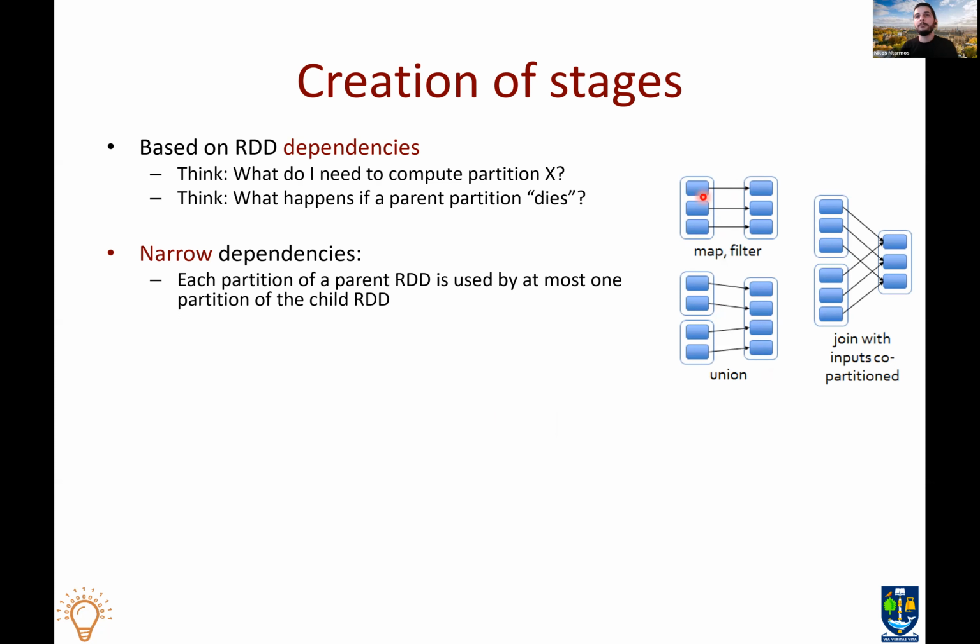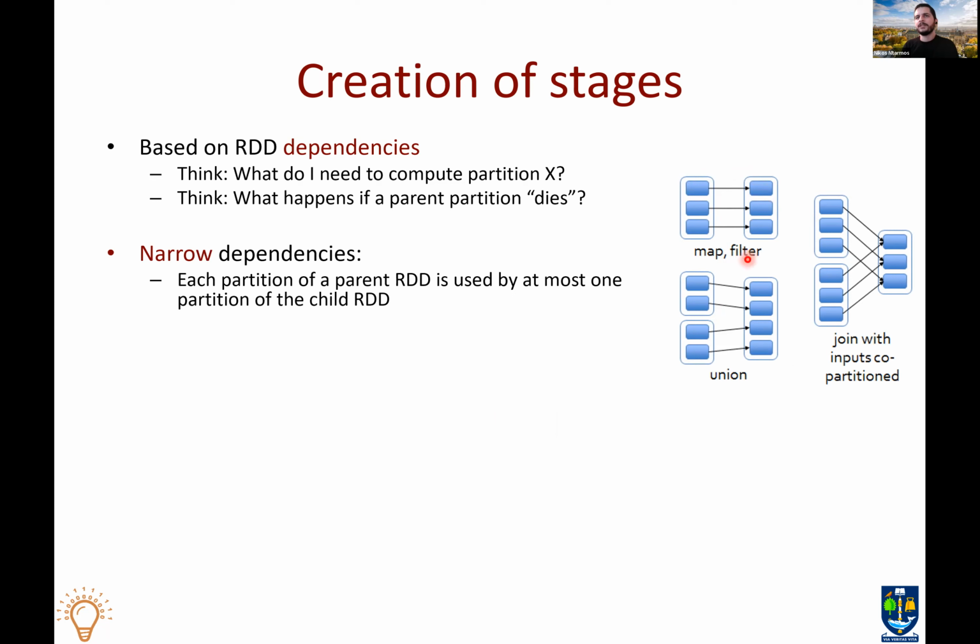If you have a map, for every partition of the parent RDD, you go through this partition, apply the map function to every item in here, and for every item you produce an item in the output. So this partition here will feed one partition of the child RDD.